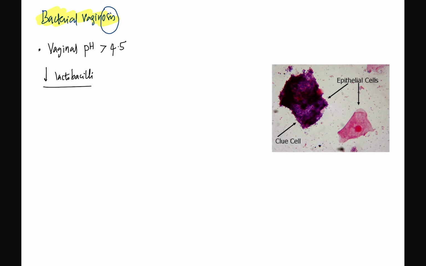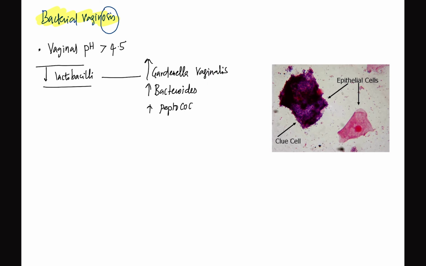When this protective bacteria is decreased, the balance will shift towards increase in Gardnerella vaginalis. Apart from Gardnerella vaginalis, the other anaerobic bacteria like Bacteroides species, and even Peptococcus species, they will also increase in the vagina.